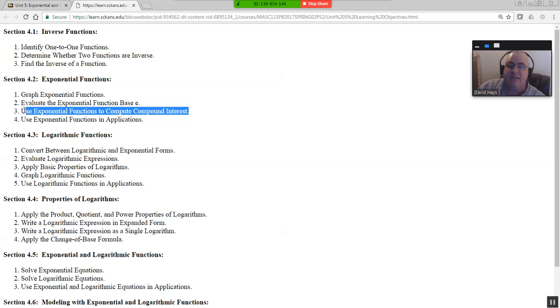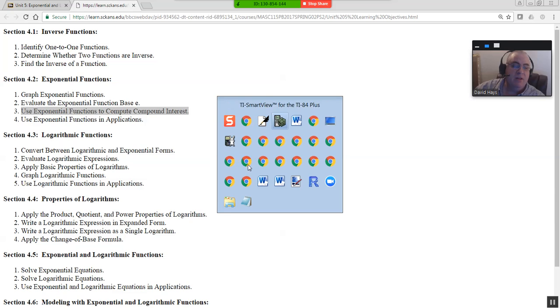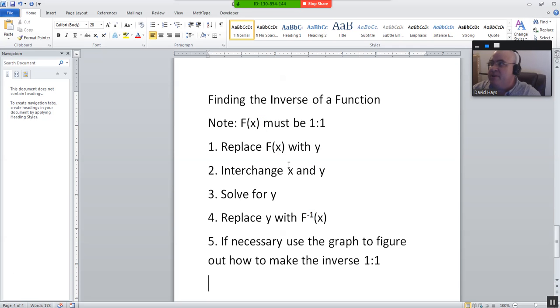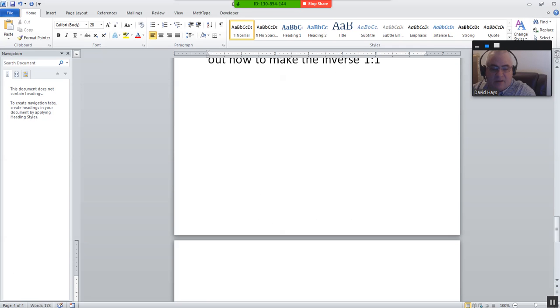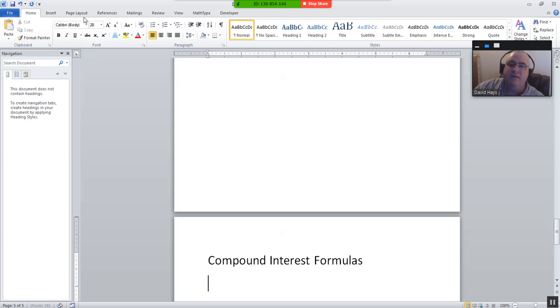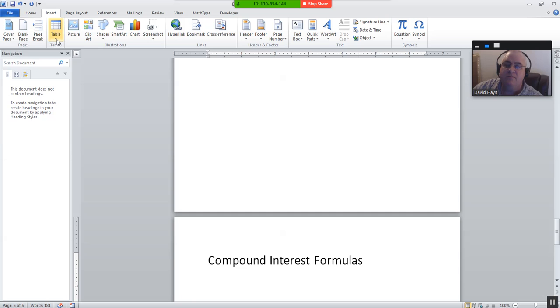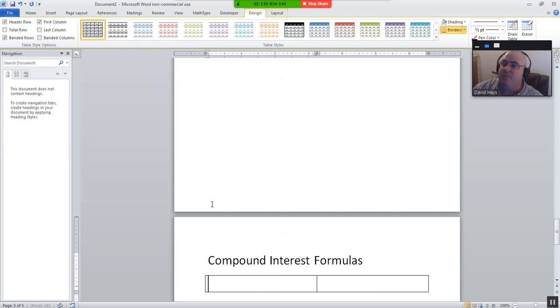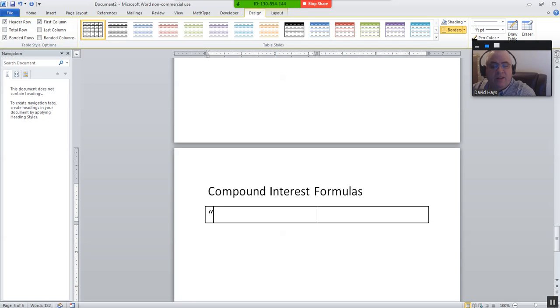Now here it's asking us to use the exponential functions to compute compound interest. So let's talk about our compound interest formulas. You've got two types of formulas. One of them does not say continuous.